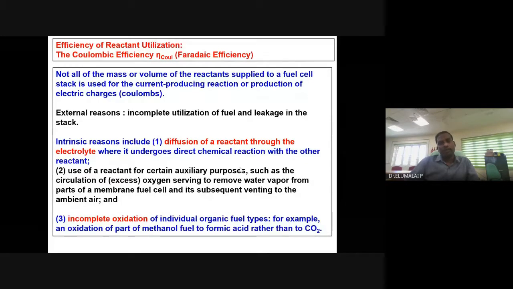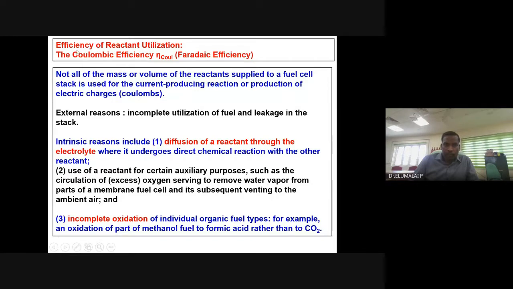That is the ratio of output energy to input energy, or discharge capacity to input capacity or charge capacity. But here the Coulombic efficiency is defined in a different way. Please listen. It is the efficiency of reactant utilization.